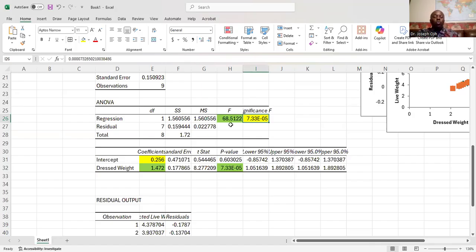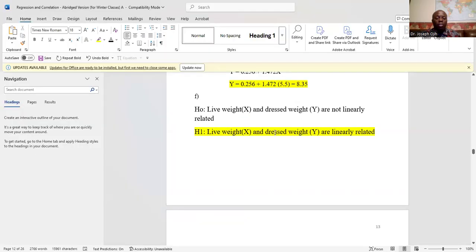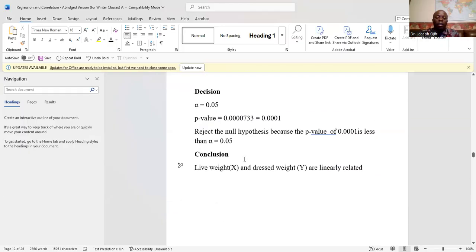In this case, when the calculated value is bigger than the critical value, you reject. So here, the calculated value is bigger than the critical value, so you still reject the null hypothesis. The final conclusion will still be the same: since we rejected the null hypothesis, we take the alternative, which means that the live weight and dressed weight are linearly related.